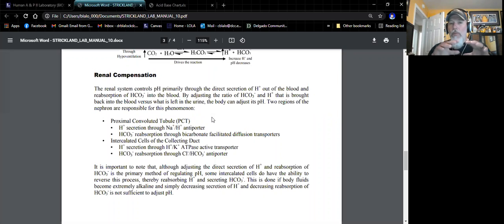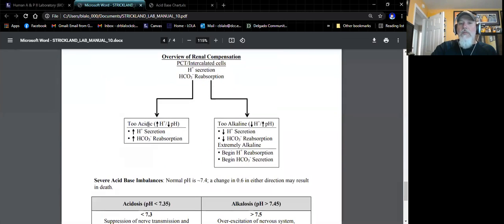So again, this is the means by which we're going to balance the concentration of hydrogen ions and bicarbonate. And we do it, like I said, in this way. If we're too acidic, meaning pH is low, we want to lose hydrogen and we want to resorb bicarb. If pH is too high, we don't want to lose hydrogen and we don't want to resorb bicarb.